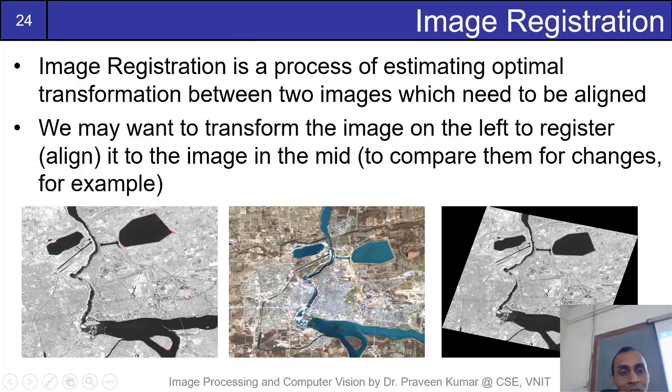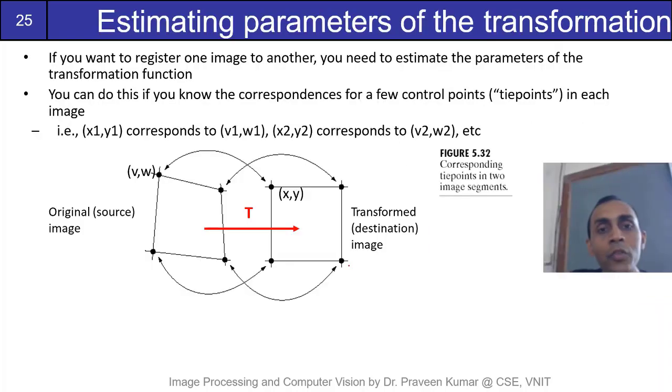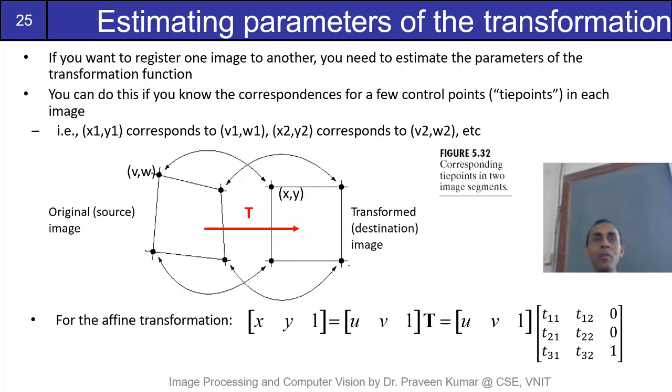In this case, we'll probably pick these corners of the lake here and the corners of the lake here, because we know these points correspond to the same location. Ideally we would have an automatic method to find those feature points. Later in the course, we'll discuss those methods of feature selection and matching. But today we'll just do it manually.